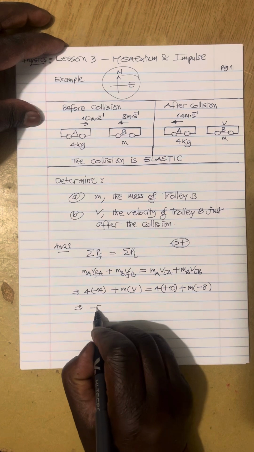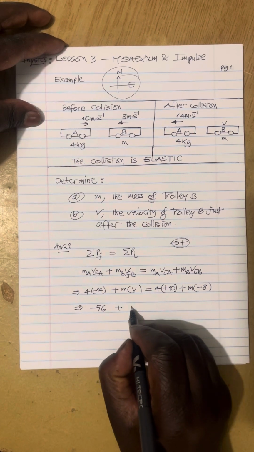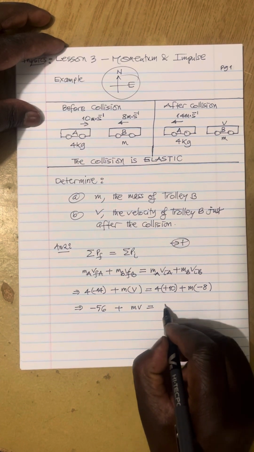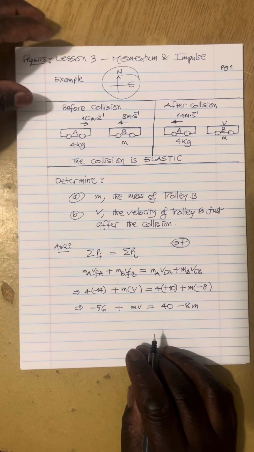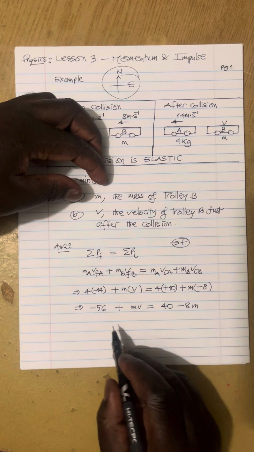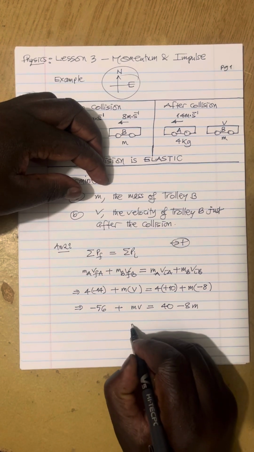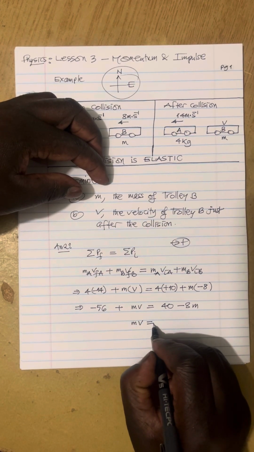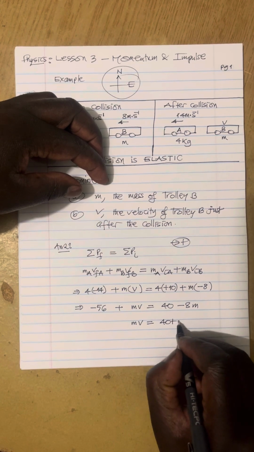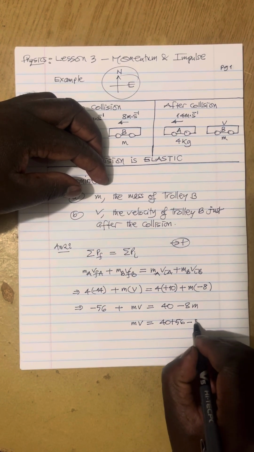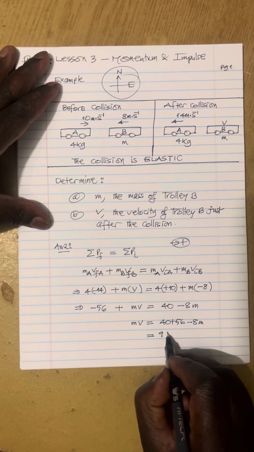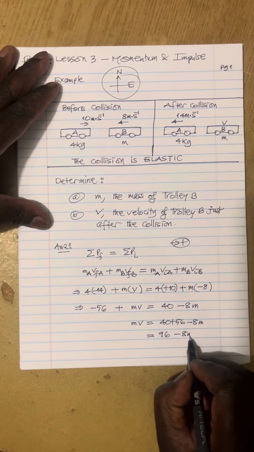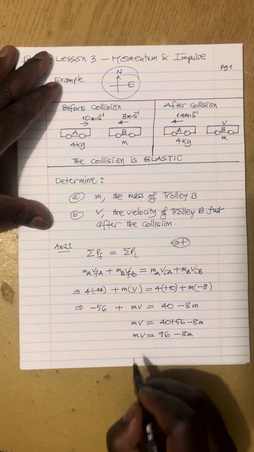This is minus 56 plus mv is equal to 40 minus 8m. Adding 56 on both sides, or transposing minus 56, we're going to get mv is equal to 40 plus 56 minus 8m. And 40 plus 56 is 96, minus 8m, is equal to mv.